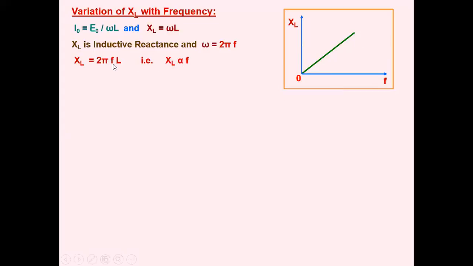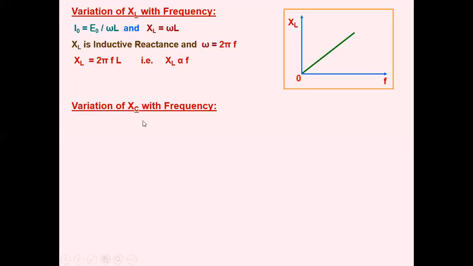If you take the frequency this side, then XL upon F equal to 2 pi L. Pi is constant, so only variable thing is F, L. Therefore, ratio of XL to F is indicating the slope of the graph, and hence this green graph indicates inductance. More is the slope, more will be inductance.